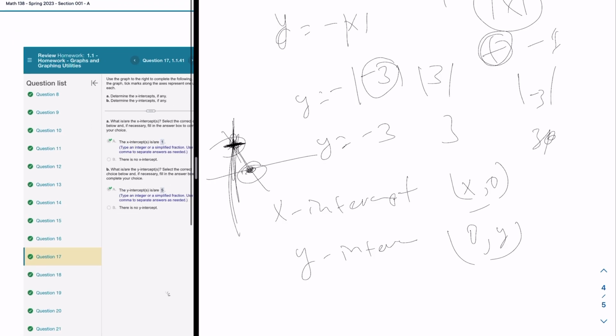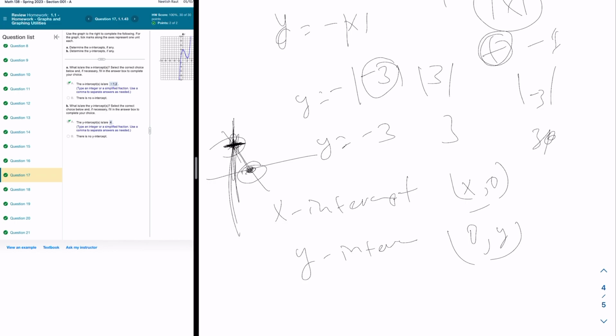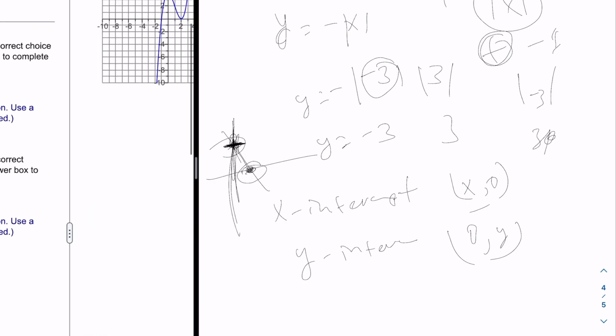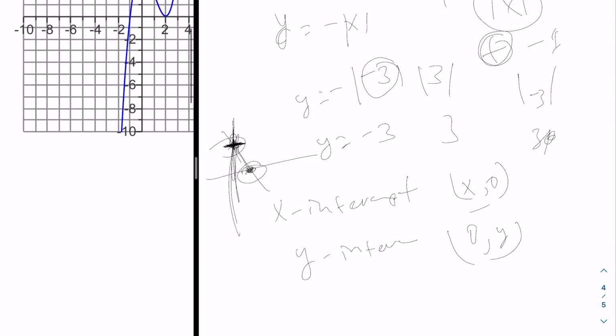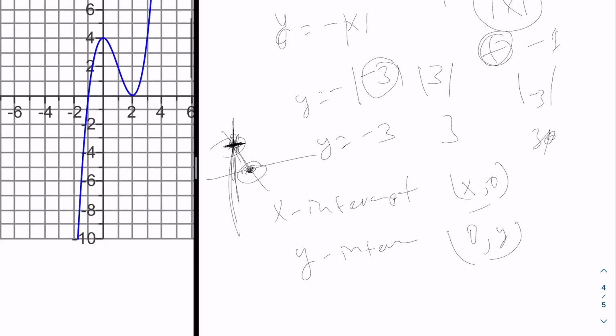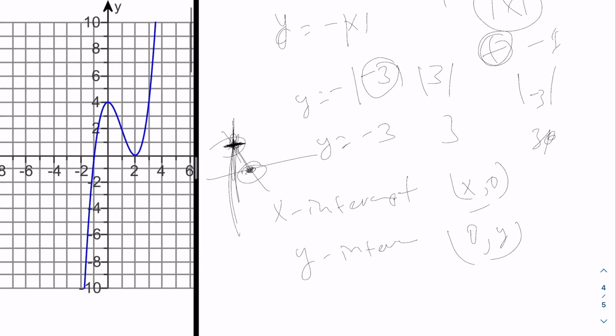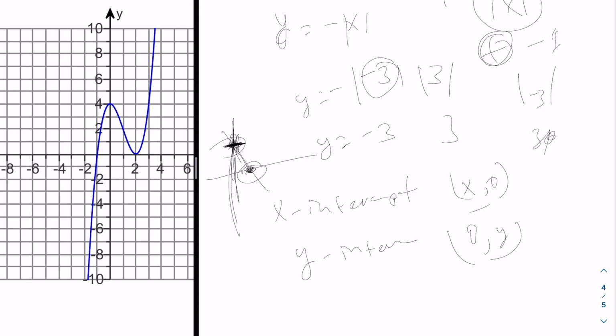That's it. Now question number 18 is the same. The only difference is that in the previous one there was only one touching point on each axis, but here you can see it's a curvy line and there might be one or two intercepts.